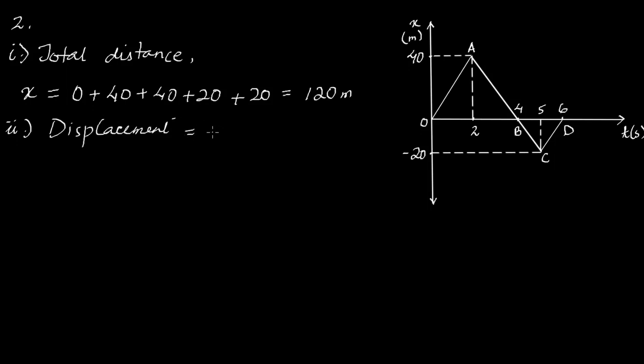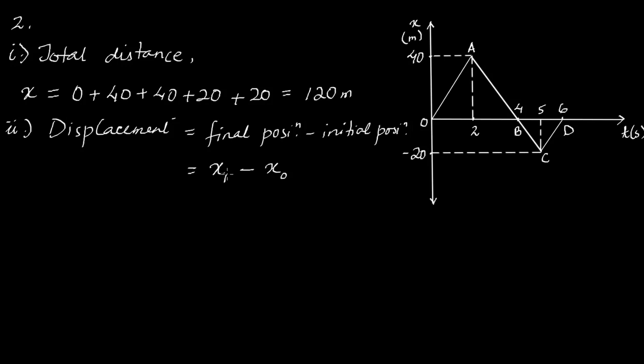And then number two, let's find the displacement. Displacement, by definition, is the final position minus initial position. So where is the final position? Final position is D. So that means the value of X at D minus the initial position O, the value of X at O. Okay, this is D, mind you.